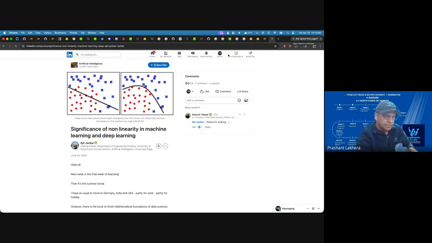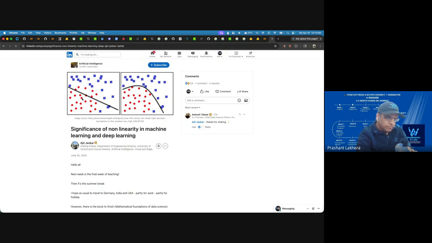I think I have shown this example earlier to some of you. In this case, if I need to separate these red circles from the blue circles, and I draw a linear line like this, there is no way. If I change it like this, or like this, there is no way I will be able to separate these two.